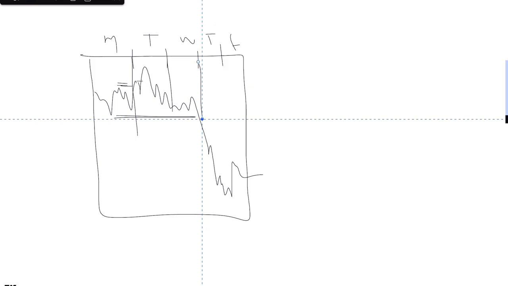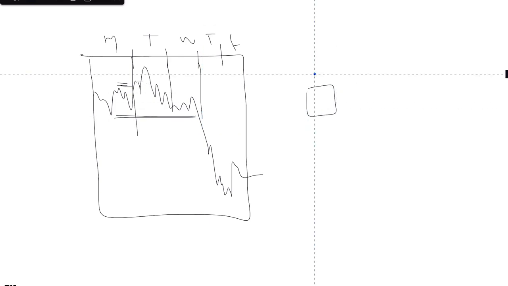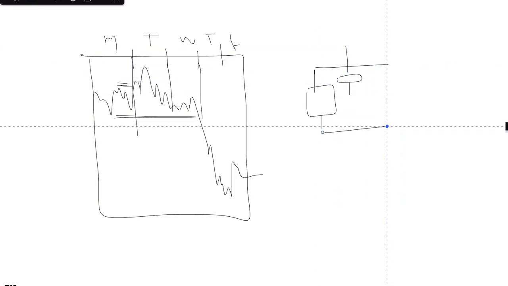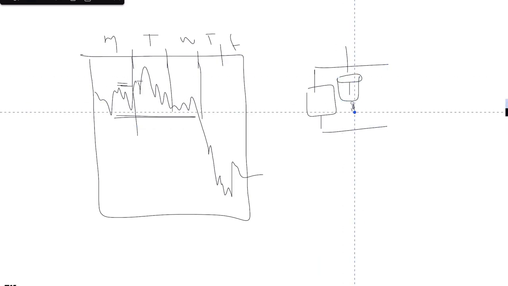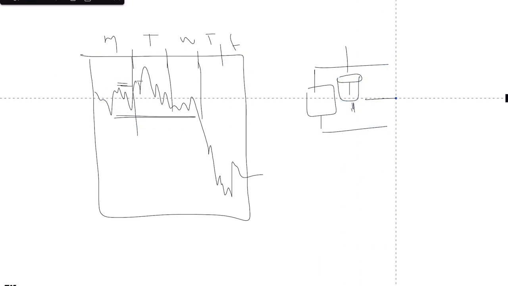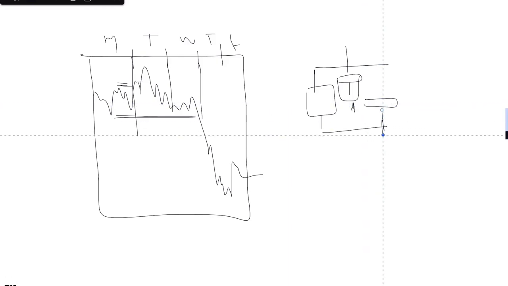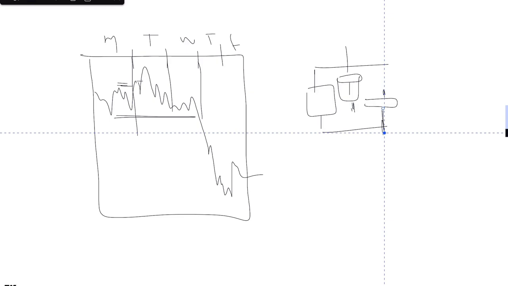So again, going back to X-ray vision, you're going to turn Monday into a candle, and then Tuesday into another candle, and Wednesday into the third candle, which goes down into the Monday low. And this is the Monday range CRT.